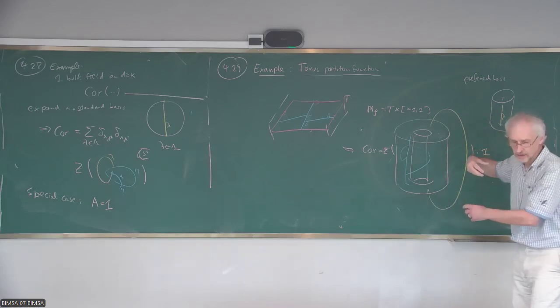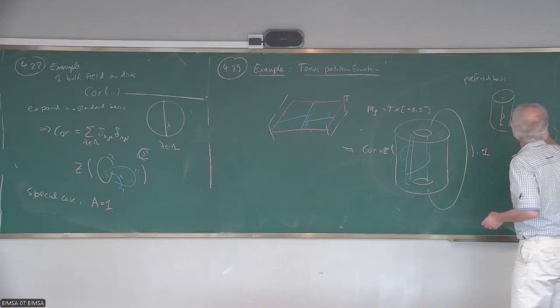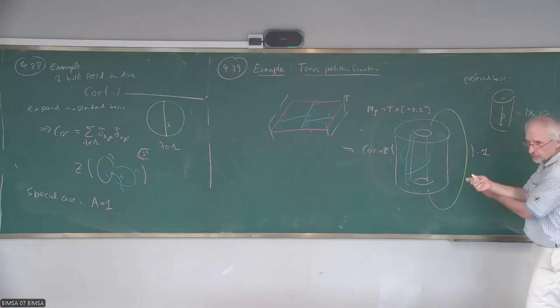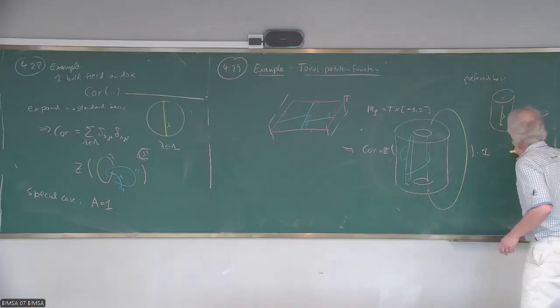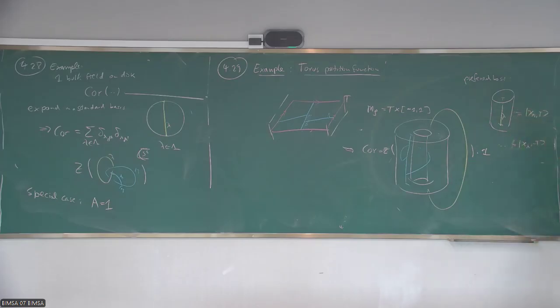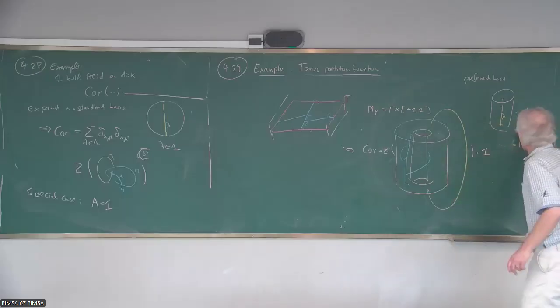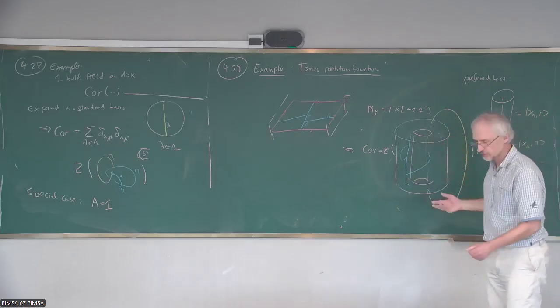They have opposite orientation, so you need one of those. This is often denoted by chi lambda for the torus. And the other one, due to the opposite orientation, would be denoted chi lambda minus t. And you can expand with respect to the basis given by the tensor product of these by gluing one from the inside, one from the outside.